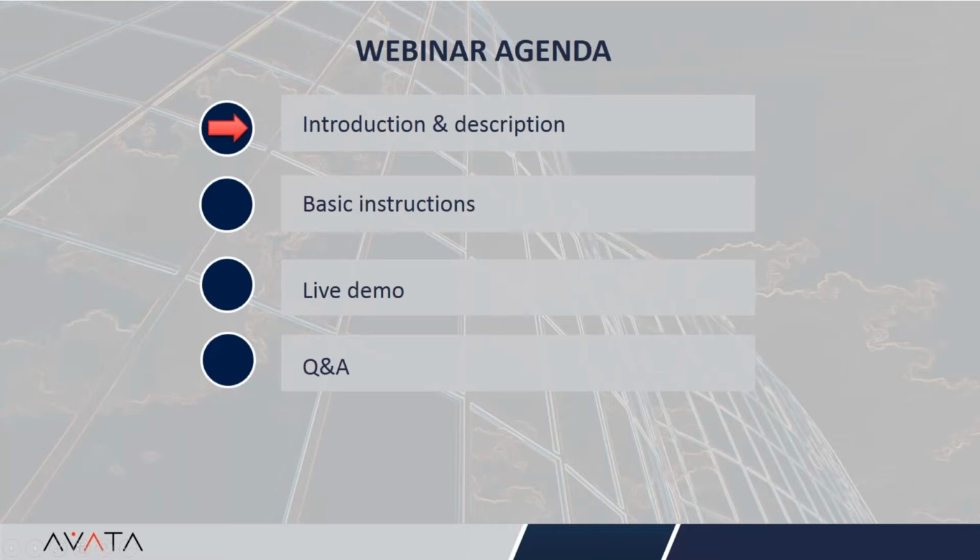Hopefully you can see the agenda in front of you. I'm going to introduce and describe what causal factors are and how to use them. Then we're going to dig down into one particular type of causal factor, local causal.